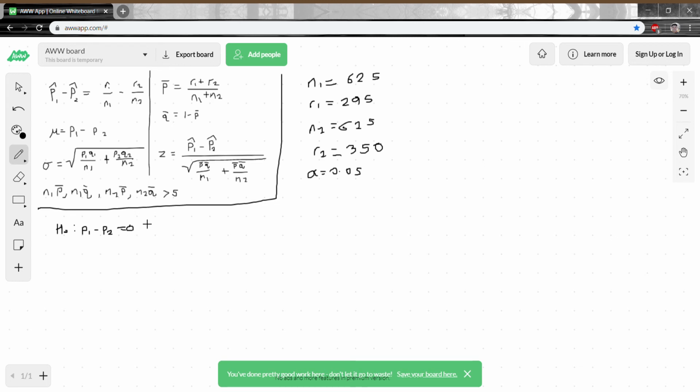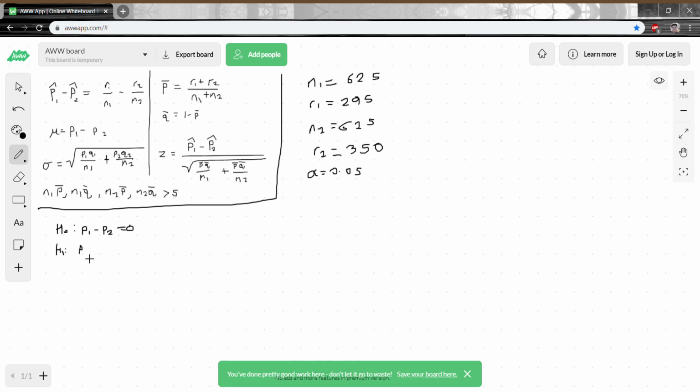What we want to test in this particular test, our alternate hypothesis, is: is the reminder effective? Basically meaning, is the chance of success in P2 greater than P1?